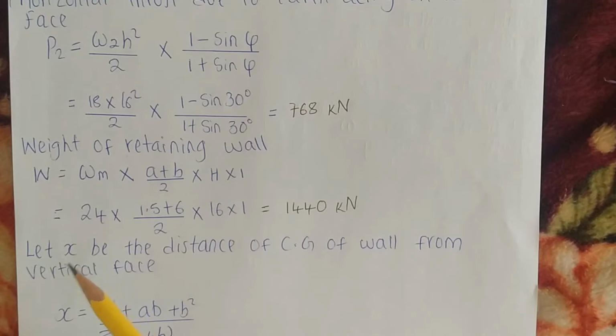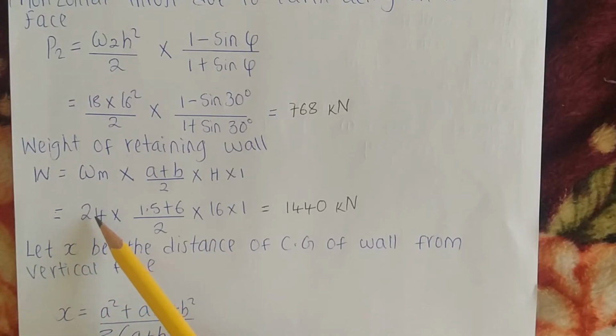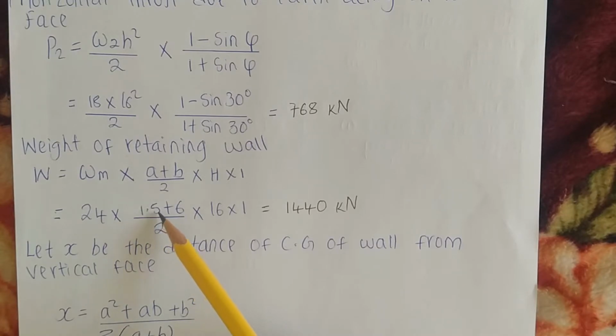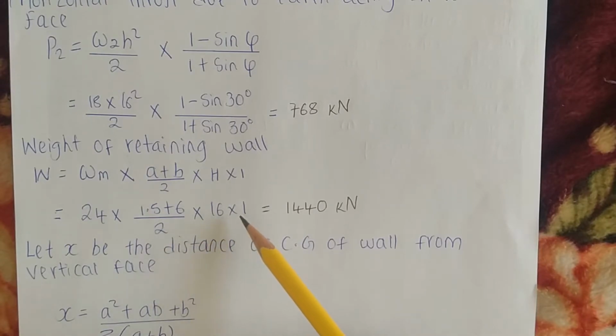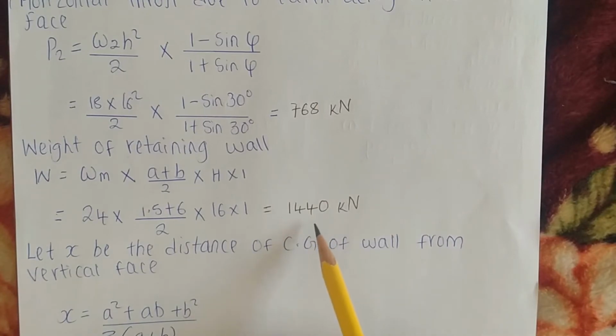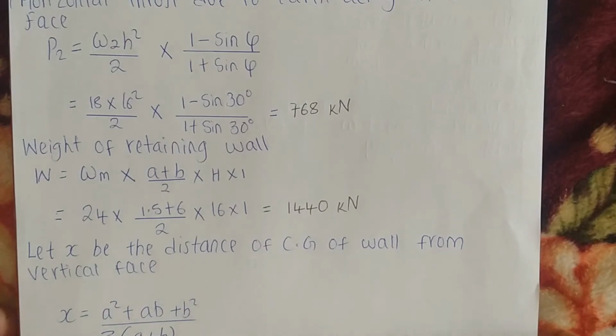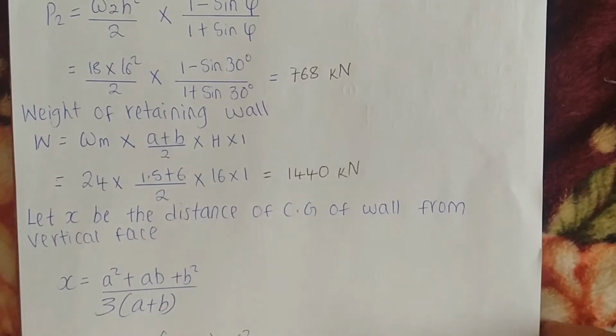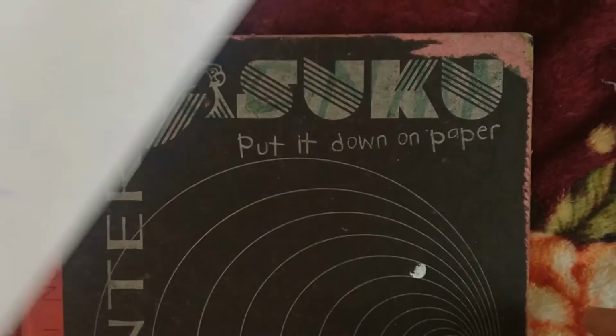And then I've replaced my values: 24, the unit weight of masonry, multiplied by (1.5, our top width, plus 6, our base width) divided by 2, multiplied by 16, our height, multiplied by 1. This will give your answer as 1440 kilonewtons.